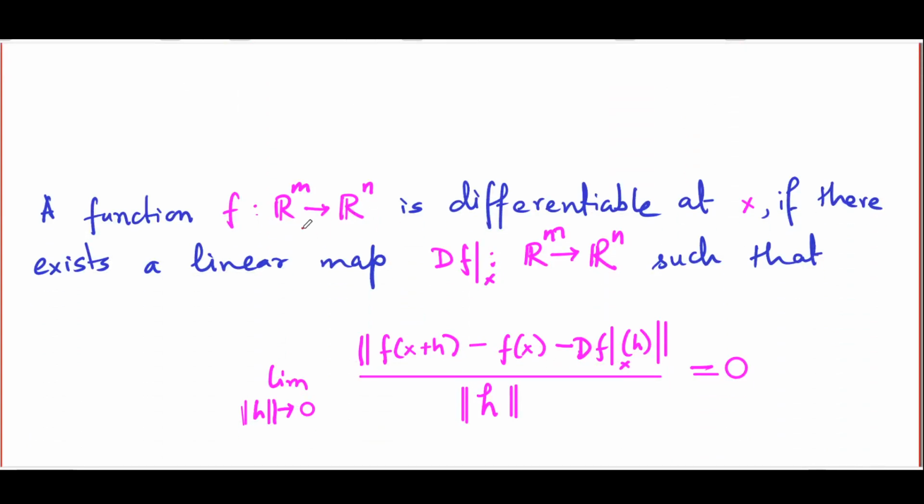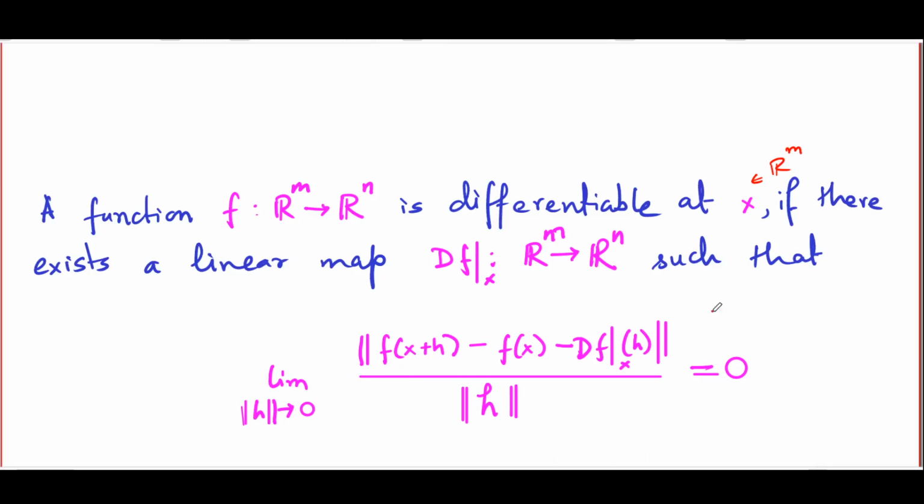A function f from Rm to Rn is differentiable at x belonging to Rm if there exists a linear map df at x from Rm to Rn such that this thing holds. Now, what I have done is drop the arrows we put on top of elements of Rm and Rn earlier. We are just going to write x where x is an m-tuple of numbers, so is h, and this of course is component by component addition, just like the standard addition on Rm and so on.